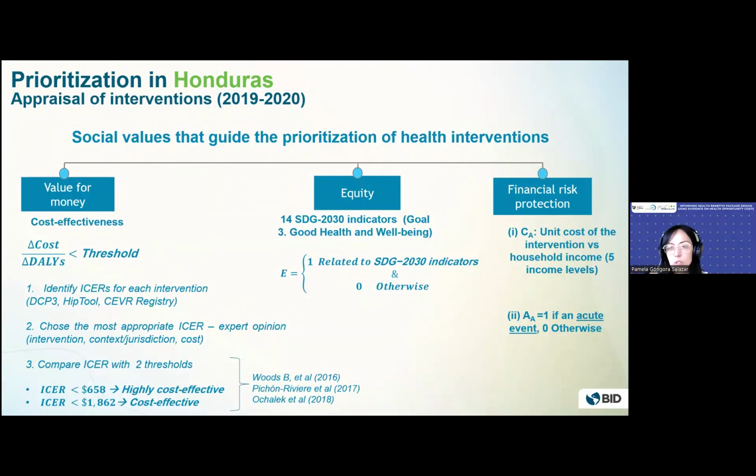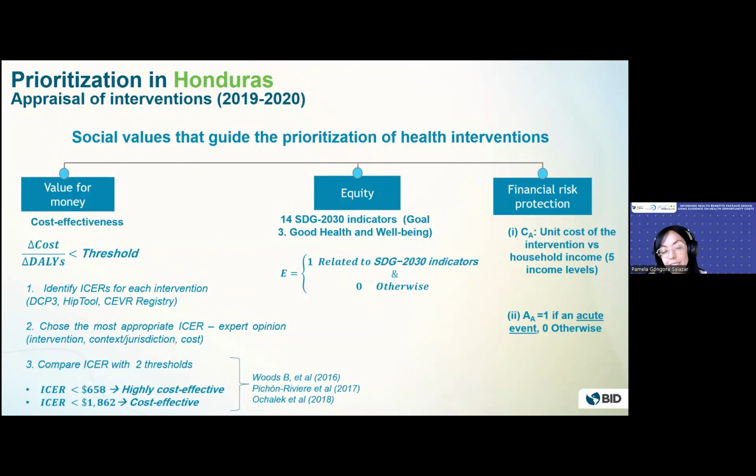I'm not going to focus on this because we don't have much time, but I just want to highlight what we did for the value for money criterion, in which we were basically identifying a universe of interventions that were candidates for inclusion in the health benefits package.